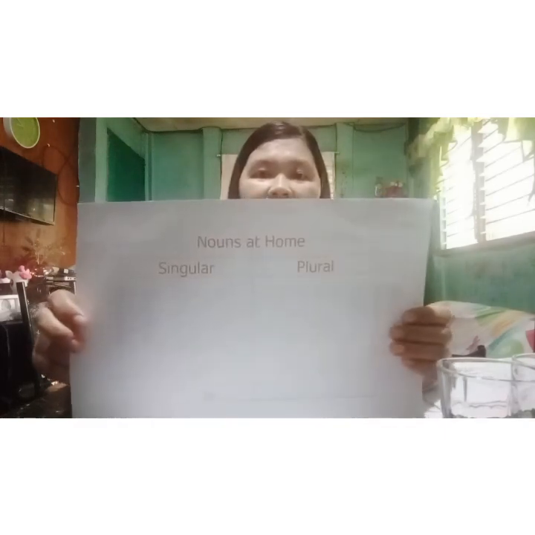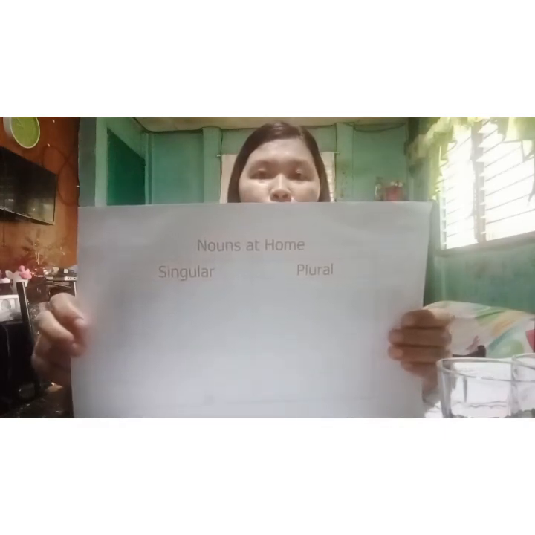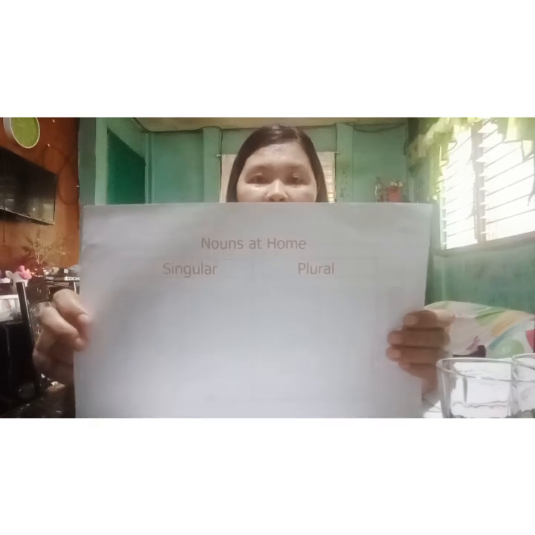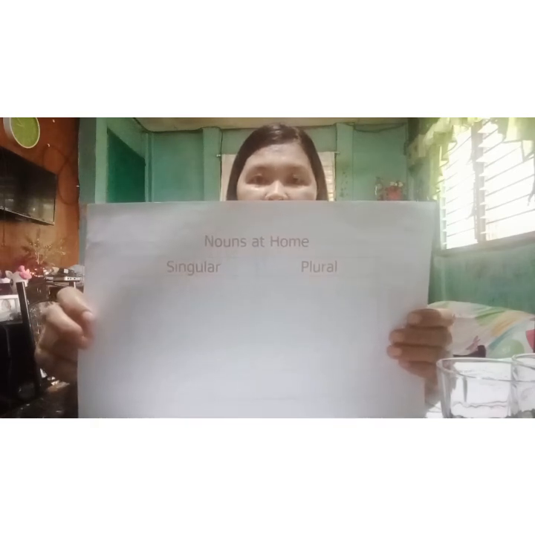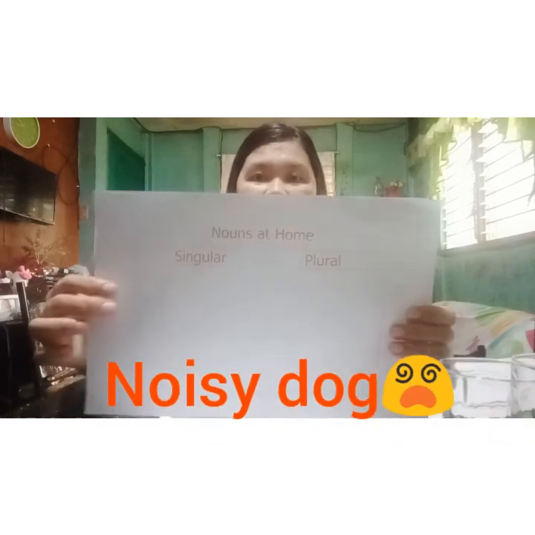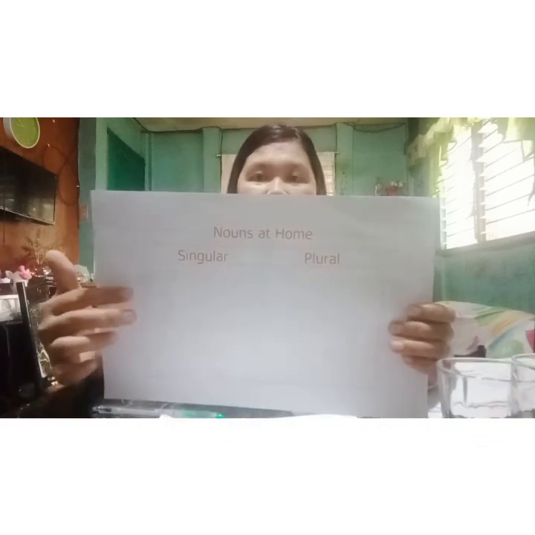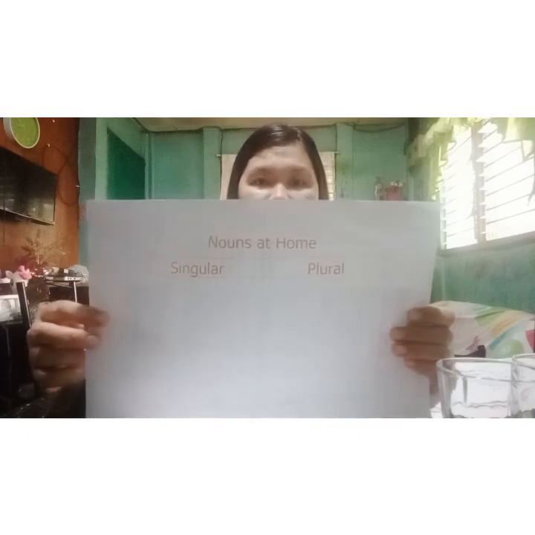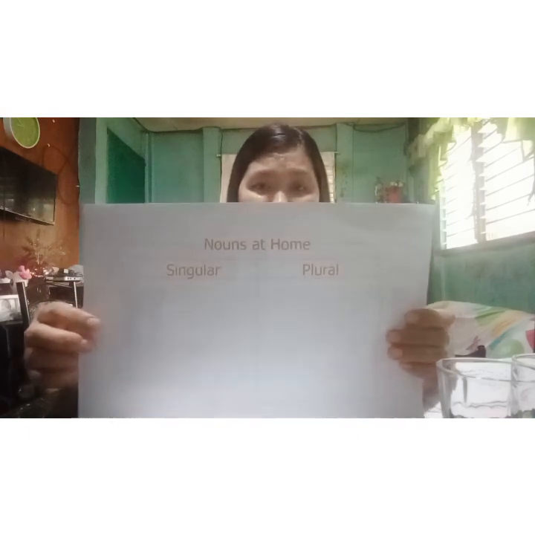Okay, so this activity is entitled Nouns at Home, wherein you are going to make a list of the singular and the plural nouns you can find at home, any part of your house.